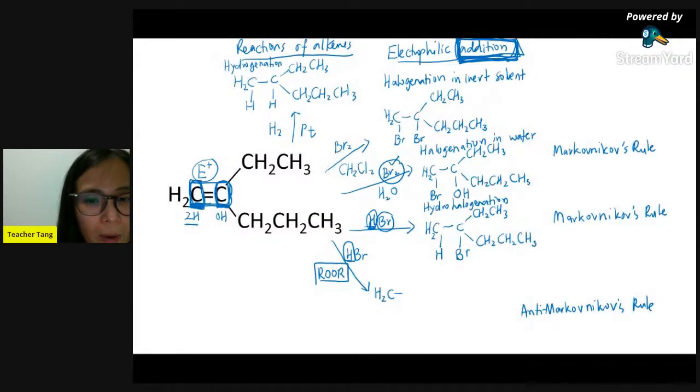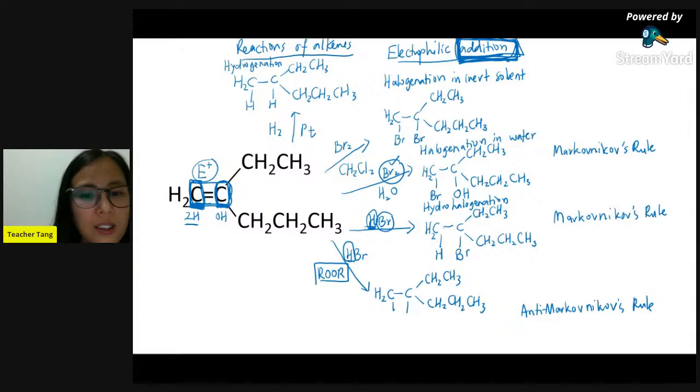Where the carbon-carbon double bond becomes a single bond. So it still becomes a single bond. But now this is anti-Markovnikov because of the peroxide. So the hydrogen of HBr needs to go to the second carbon, which has fewer hydrogen.